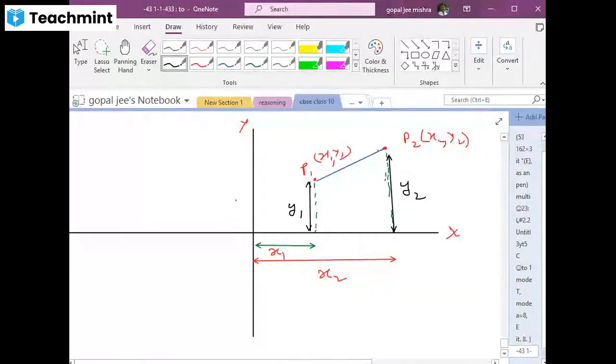See here, beta, very easily. Of course, it is very easy to understand, beta.